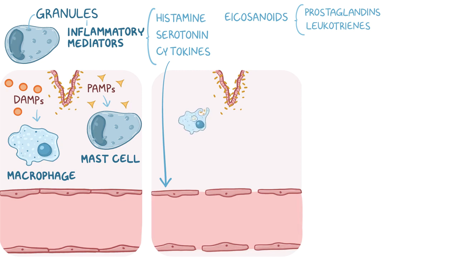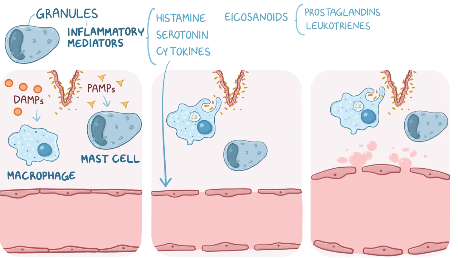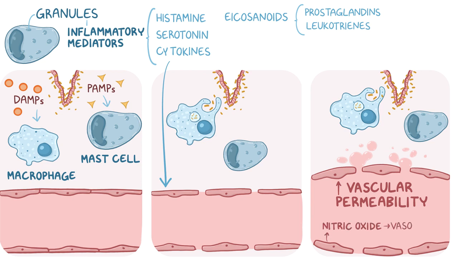In addition, macrophages, which are the garbage truck of the body, start to eat up invading pathogens. The release of cytokines causes capillaries to get larger and increase vascular permeability, allowing plasma proteins and fluids to leave the circulation. Endothelial cells also help spur on this process by releasing nitric oxide, which helps vasodilate the capillaries and makes them more permeable.